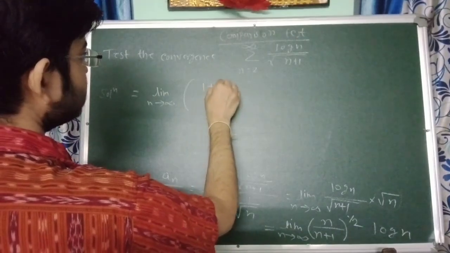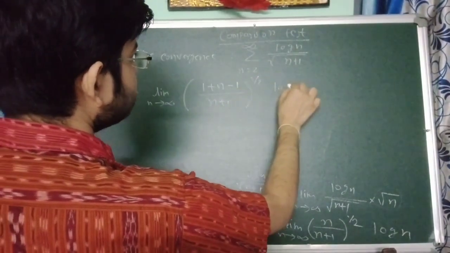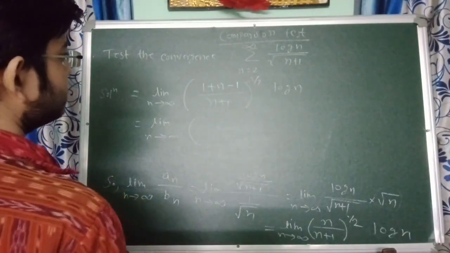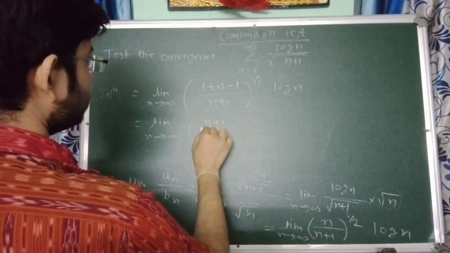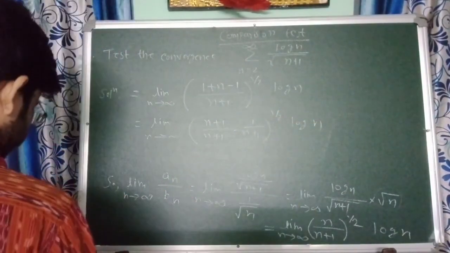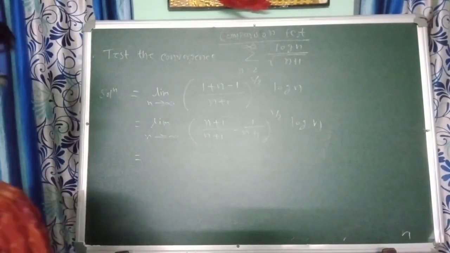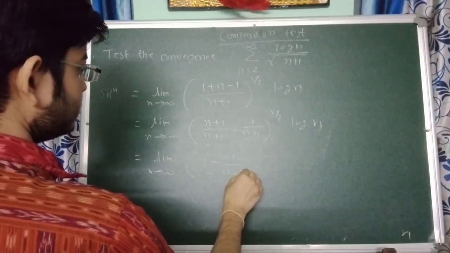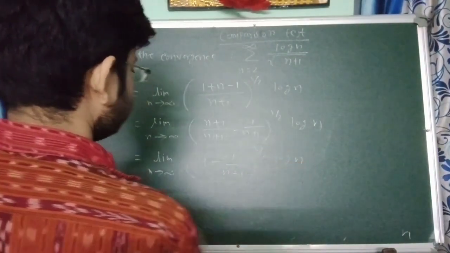Dividing both by n, we get 1 divided by (1 plus 1 by n) to the power half, into log n.